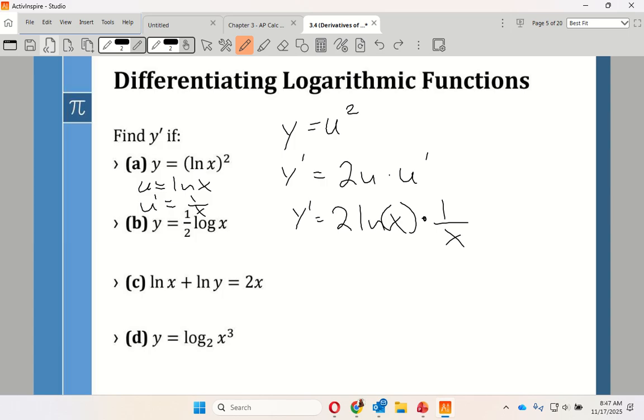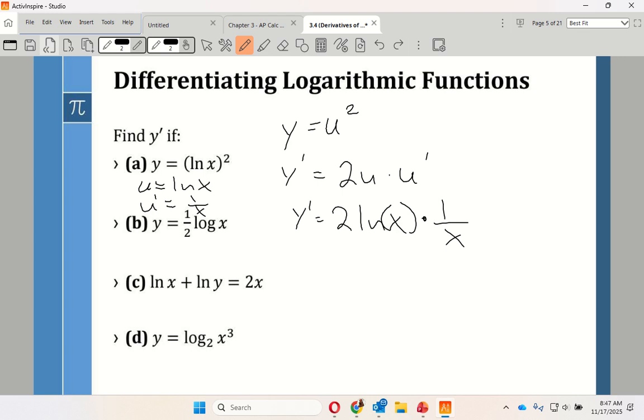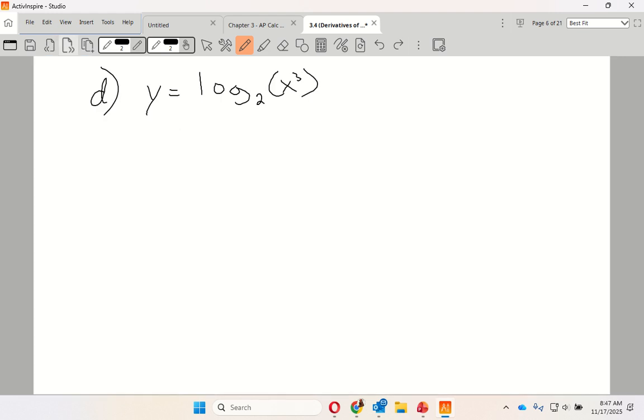All right, next one is y equals log base 2 of x cubed. Do I have a chain here?